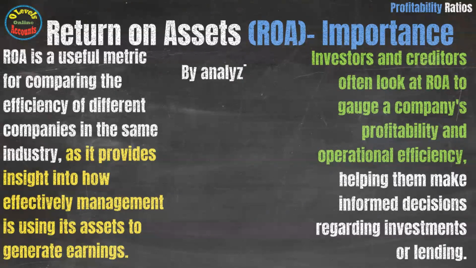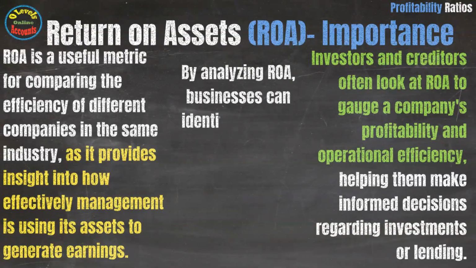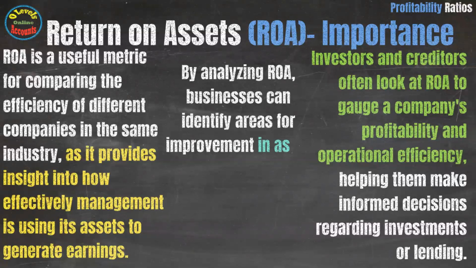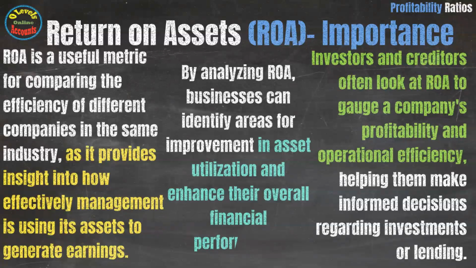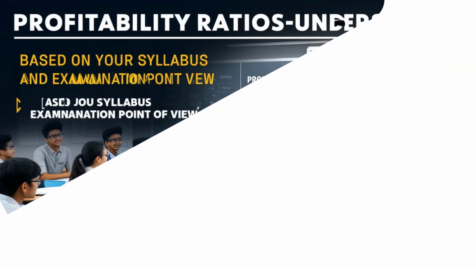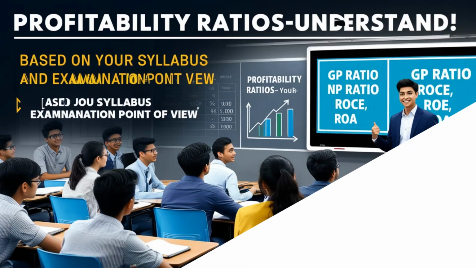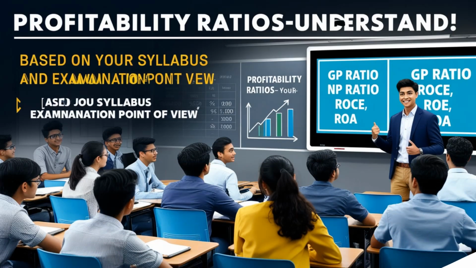By analyzing ROA, businesses can identify areas for improvement in asset utilization and enhance their overall financial performance. Hopefully, you got a clear understanding of the profitability ratios as per your syllabus and examination point of view.